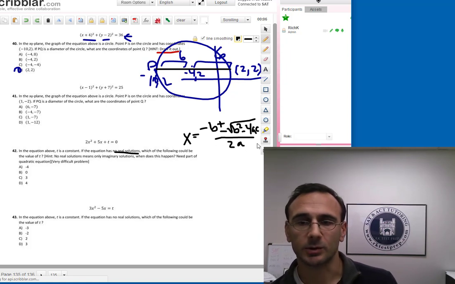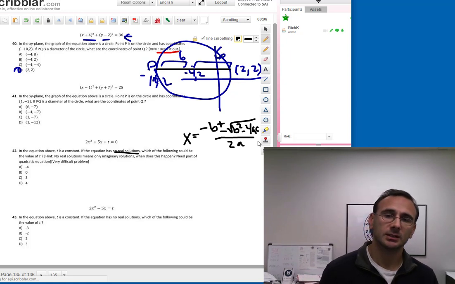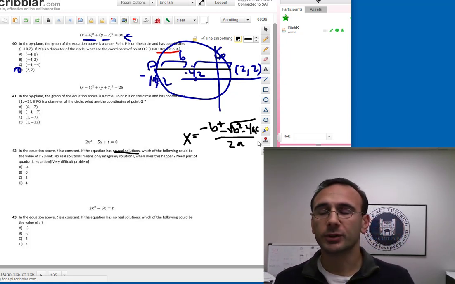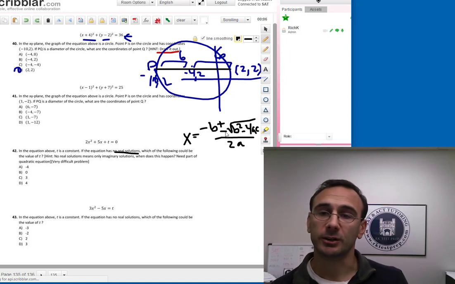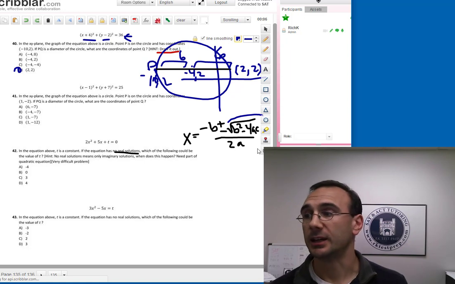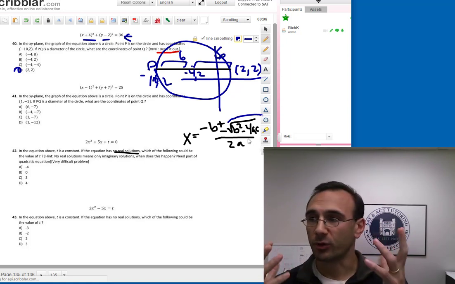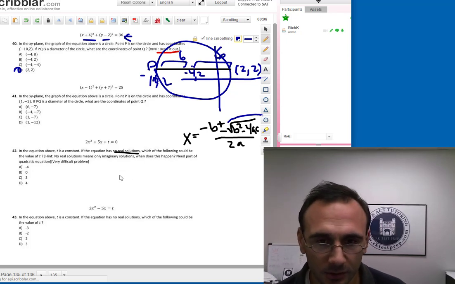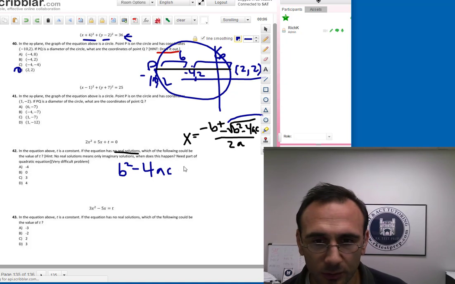Negative b plus or minus the square root of b squared minus 4ac all over 2a. In order to not have real solutions and to have imaginary ones, the stuff inside the root would have to be negative. Right? If that whole thing in the root is negative, then we get i's, then we get imaginary numbers. So we want that whole thing in the square root to be negative.